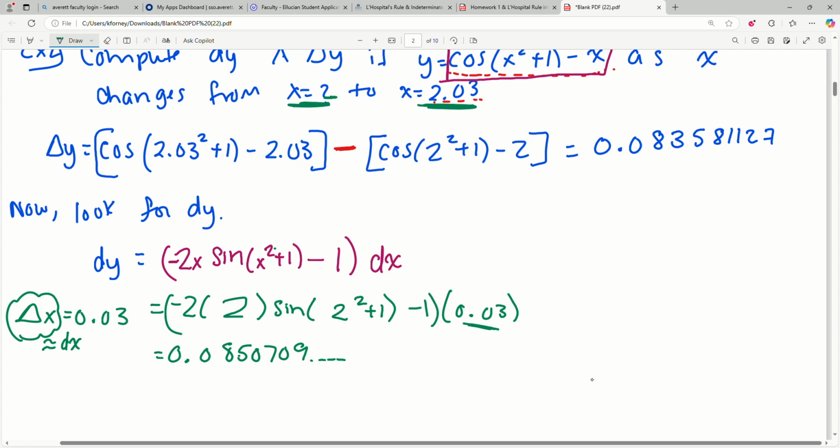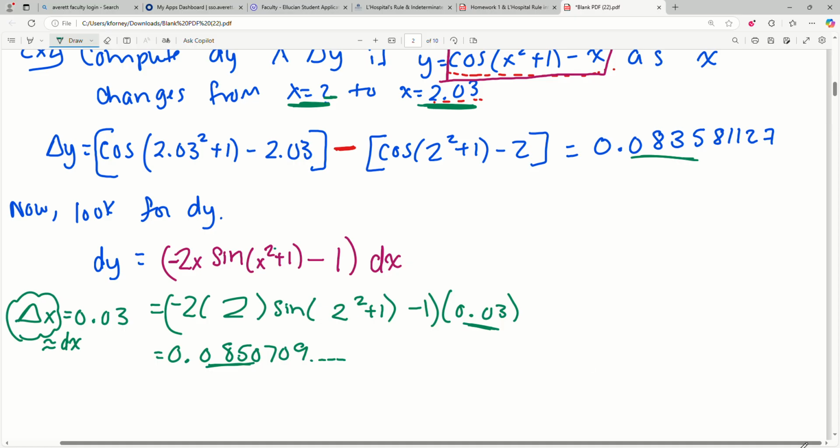Now, are they exact? No, but they're very close. It's very different than that negative number I just had. So, this is definitely just showing two different ways to find a difference here.